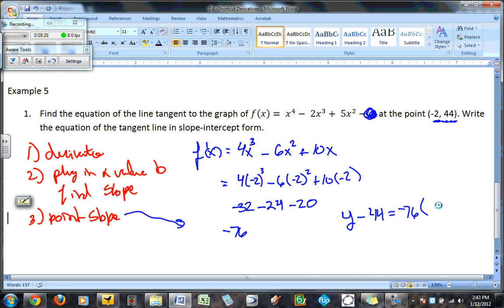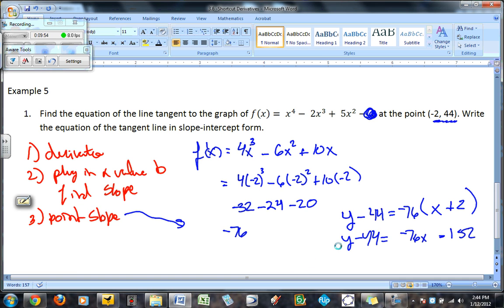times x minus our x value, so it's x minus a negative 2, which becomes x plus 2. Distribute my negative 76, so I'm going to have y minus 44 equals negative 76x minus 76 times 2, which would be 152, I believe. All right.